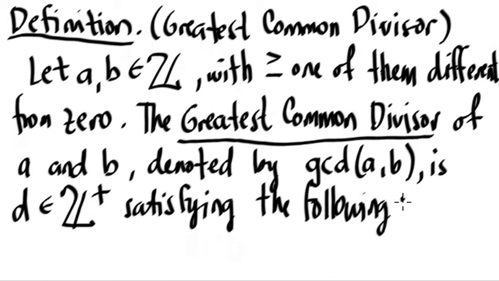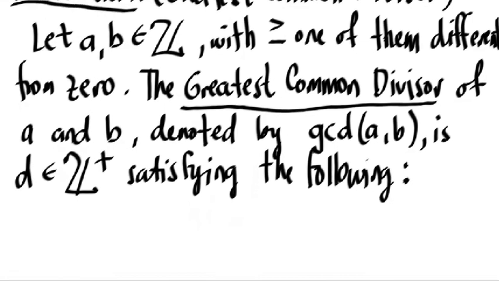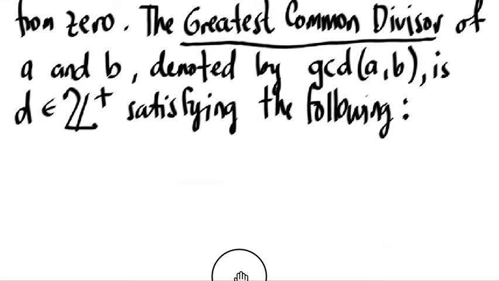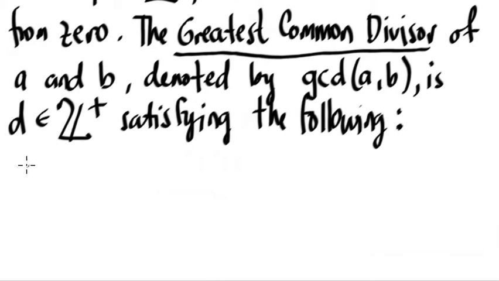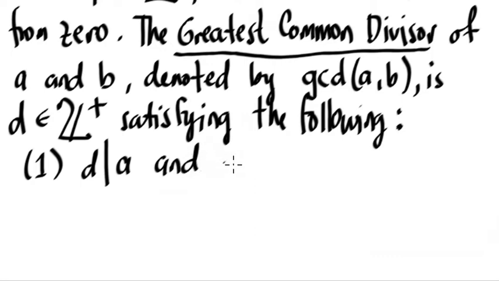First condition: this d, the GCD of a and b, must be a factor of a, and it should also be a factor of b. So d should divide a, and at the same time it should divide b.